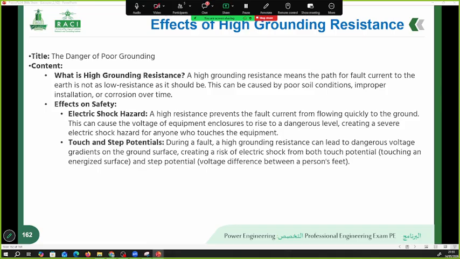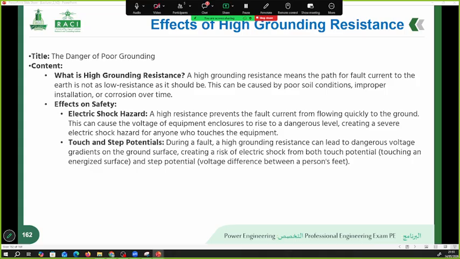So this slide addresses the critical aspects of grounding safety, the dangers associated with grounding resistance. A grounding system is only effective if it provides a very low resistance path for fault currents. If this resistance is too high, the system's safety function is compromised, leading to severe hazards for both people and equipment.